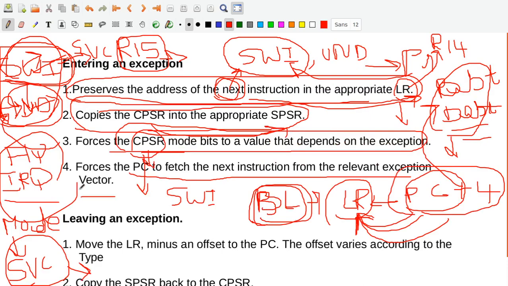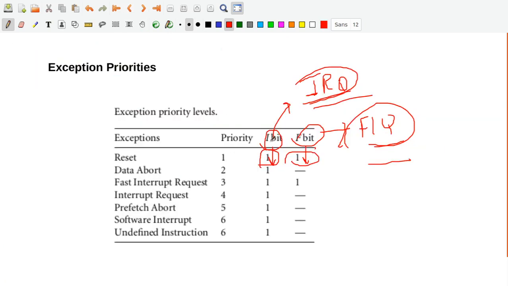Before that, which I have not written here, generally you set those flags depending on what kind of exception is thrown. Because of nesting of exceptions, usually you don't want it, but whenever a reset exception is thrown, you disable both the I bit and the F bit.